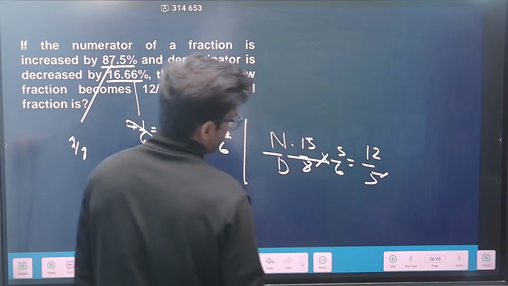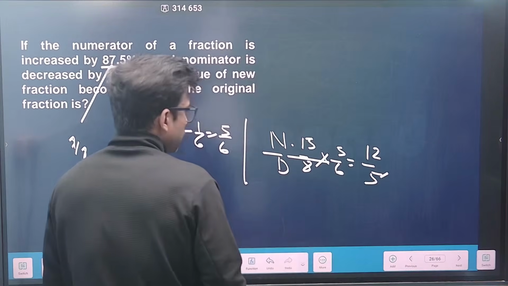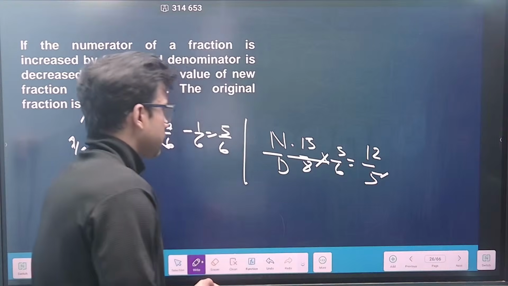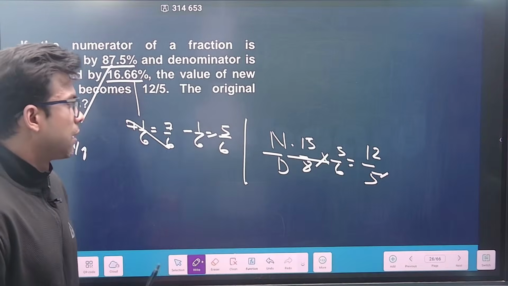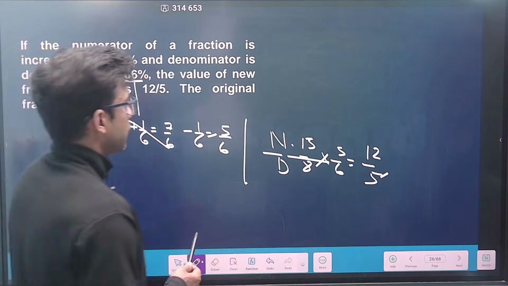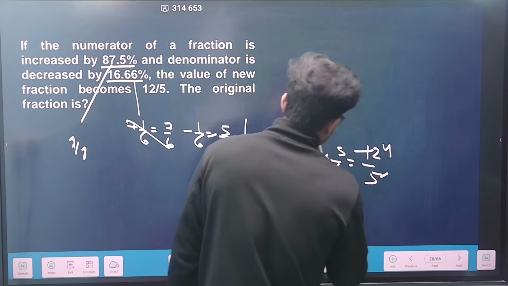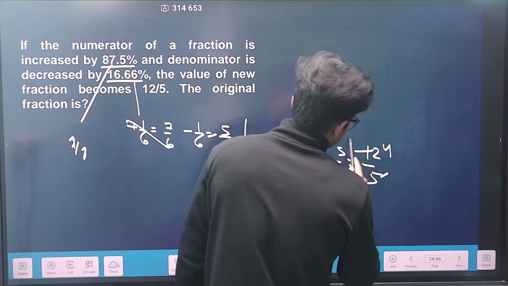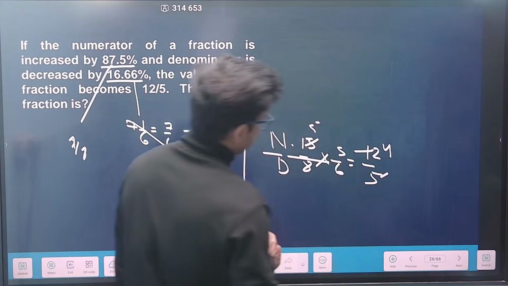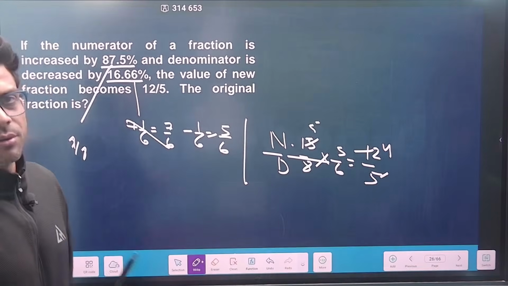Come on, solve this, everyone. How can you solve the question? Now the numerator upon denominator would be how much?